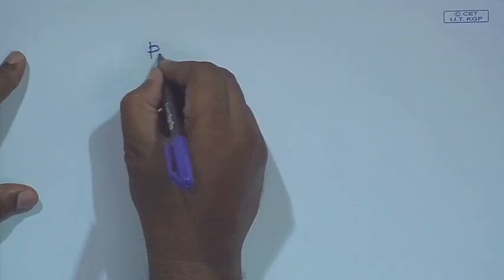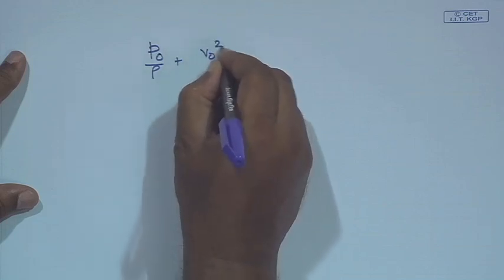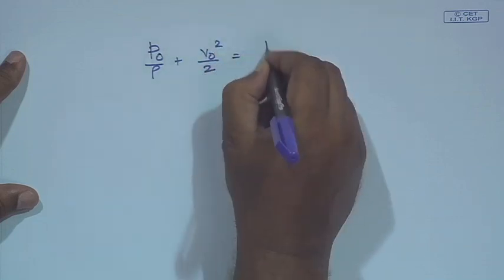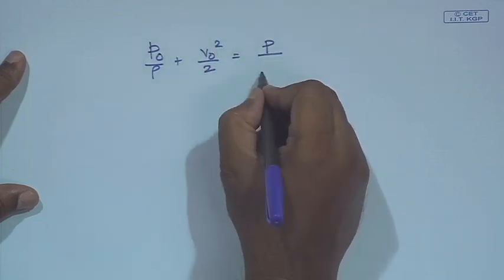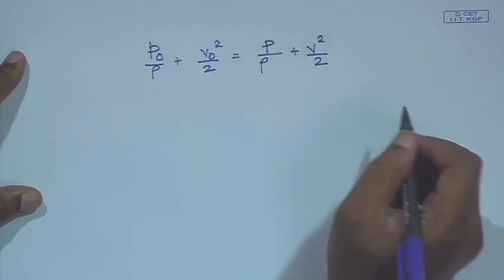So, Bernoulli's equation would simply tell you that between the outside, where the pressure is P0, atmospheric pressure, P0 by rho plus V0 square by 2 is equal to some pressure inside the duct by rho plus whatever be the velocity at that point square by 2.